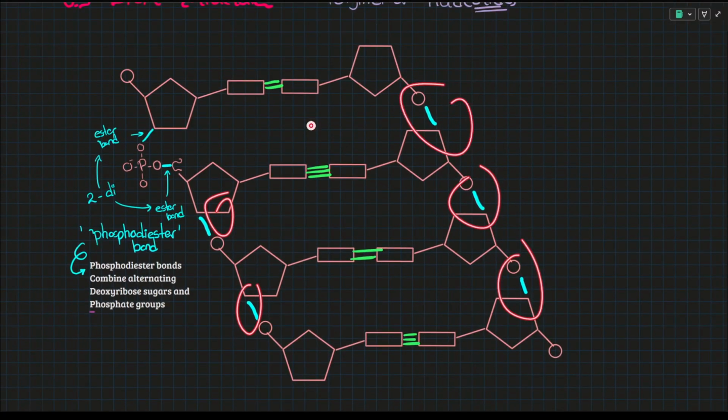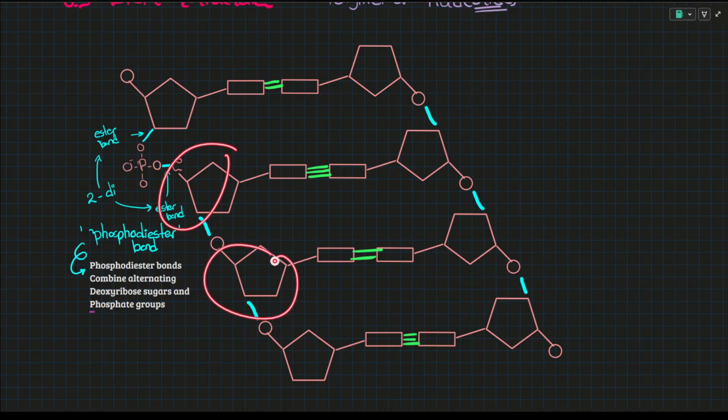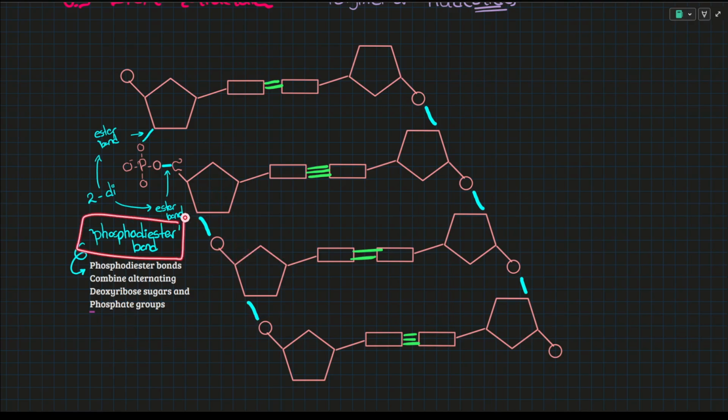Now I can go ahead and draw all of that, but that's just going to confuse this entire structure and it's going to confuse the heck out of you as well. Just so you know, this is the exact same thing that's happening in every single phosphodiester bond between the sugars. So it's very important to understand. This is one sugar, this is one sugar. Between these, what we have is a phosphodiester bond.